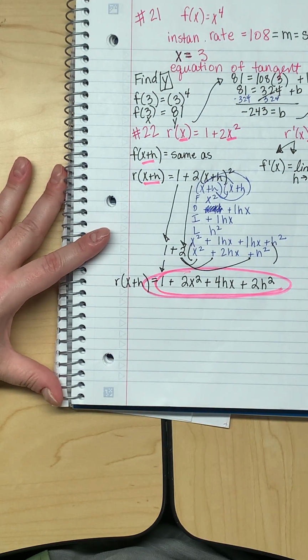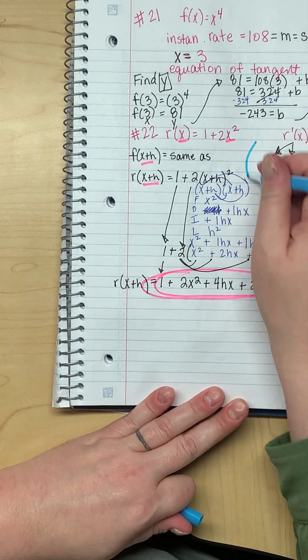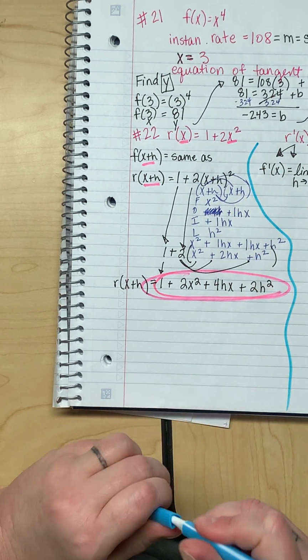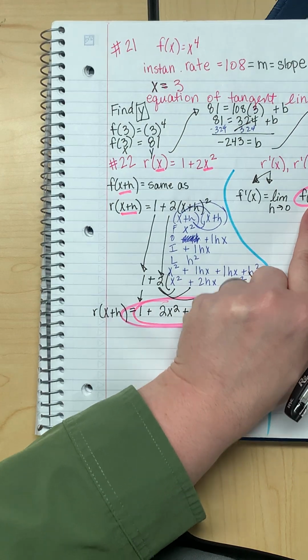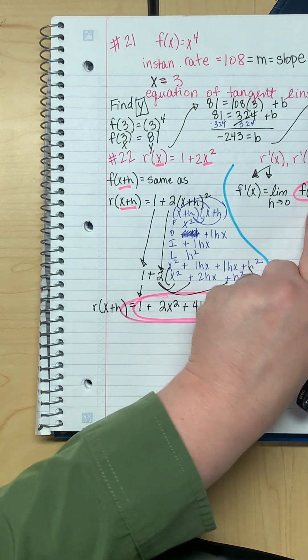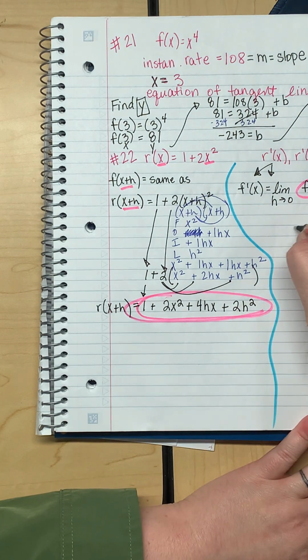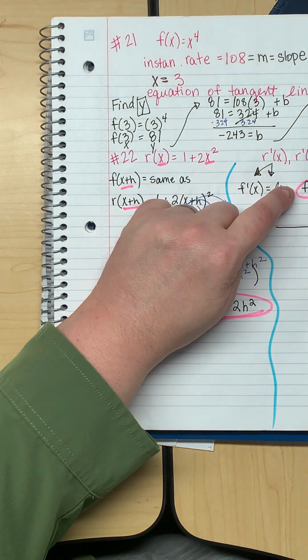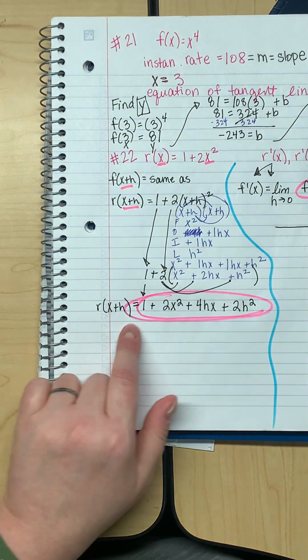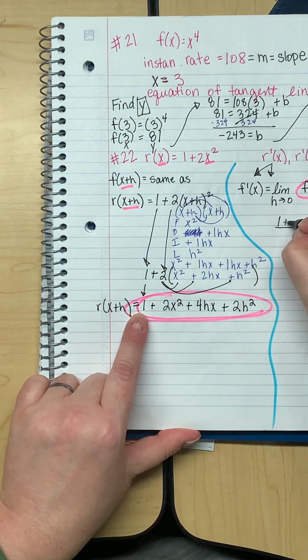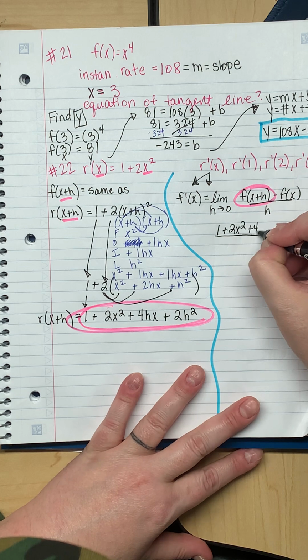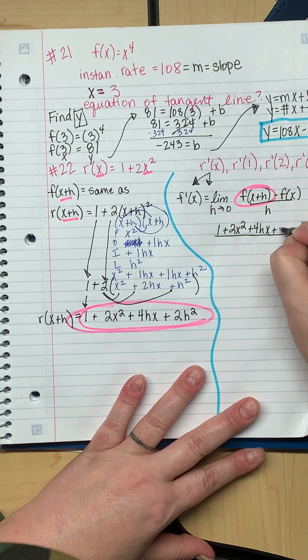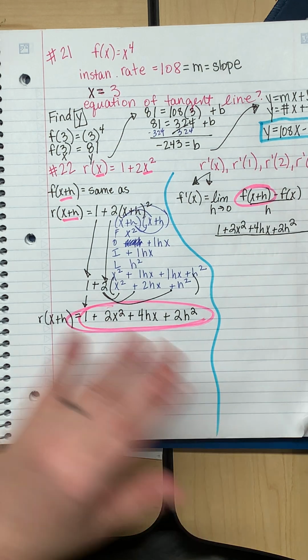Okay, so we have to use this formula, and we already sort of did. We did this top left, so I'm just going to write down what the top left of this formula is. It's 1 plus 2x squared, that's what we just got, plus 4hx plus 2h squared.